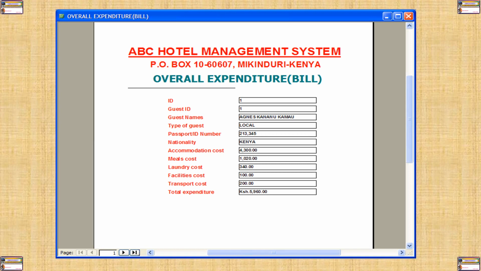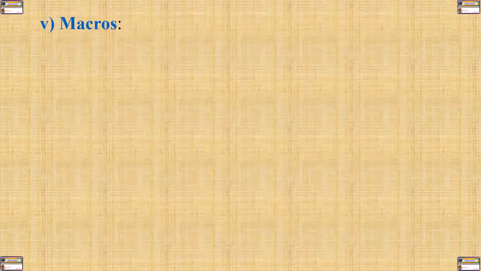The details indicated are ID, guest names, type of guest, passport ID number, nationality, accommodation cost, meal cost, laundry cost, facilities cost, transport cost, and the total expenditure for this person. So this is simply a report that looks like a receipt, or in other words, not a receipt, but a bill. The bill that this person has incurred is worth 5,960. So that's a report.